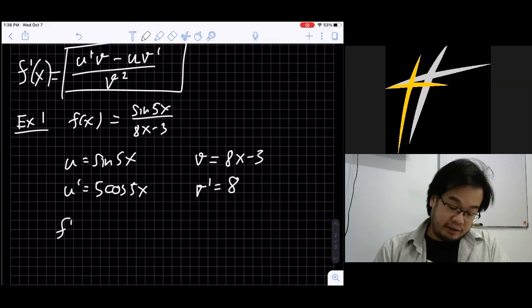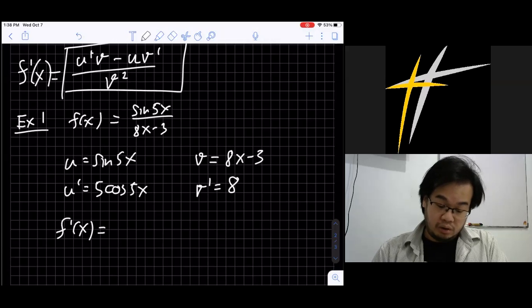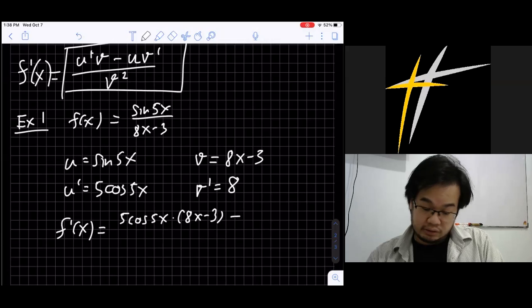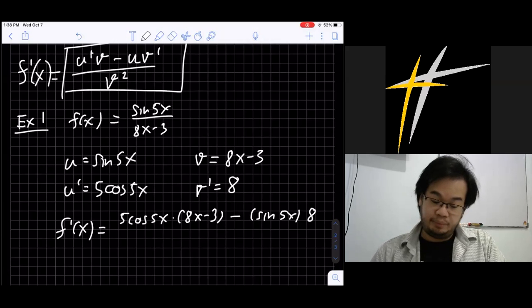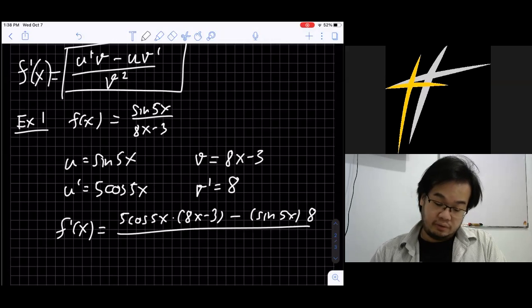So f prime of x is equal to u prime v minus u v prime over v squared.